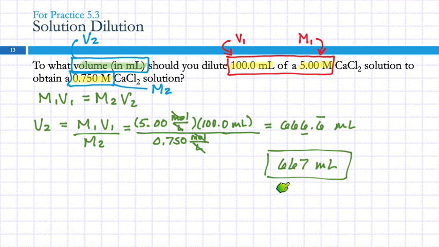So the volume that we end up with is larger than we started with, and so that's very encouraging that we probably did it correct. If this ends up being smaller, you've got something upside down, because you can't take, say, the orange concentrate and add water to it and make it smaller, right? It doesn't work like that. Any questions?